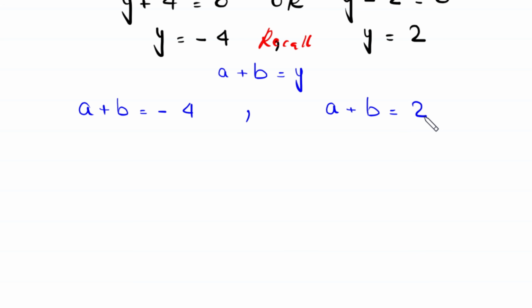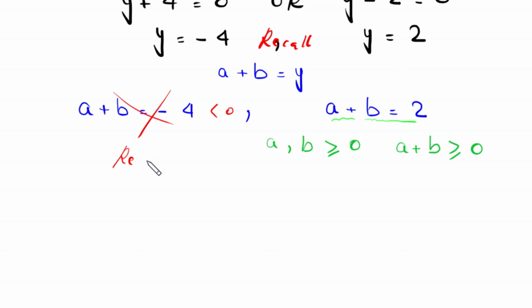Since both these two values a and b are greater than or equal to 0, a plus b must also be greater than or equal to 0. Since this negative 4 is less than 0, this will be rejected and we accept only this value of a plus b, 2.